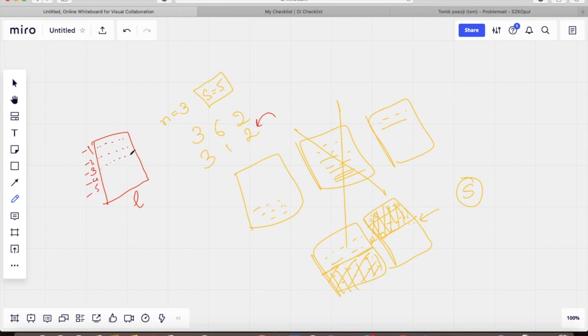So you place a poem here, you place a poem here. So effectively we are maintaining a pointer to the next position where a poem should start.